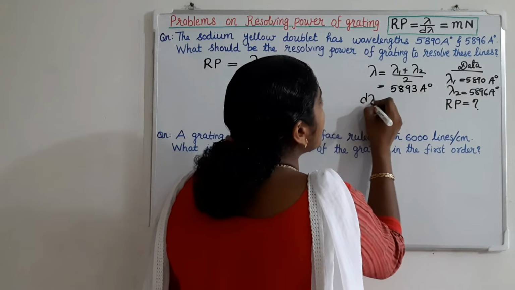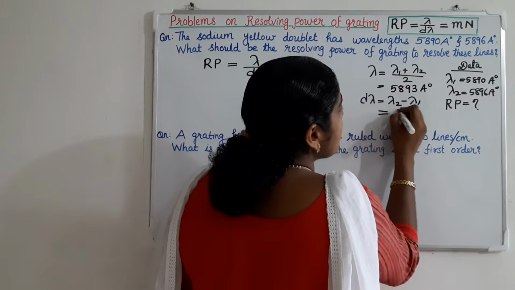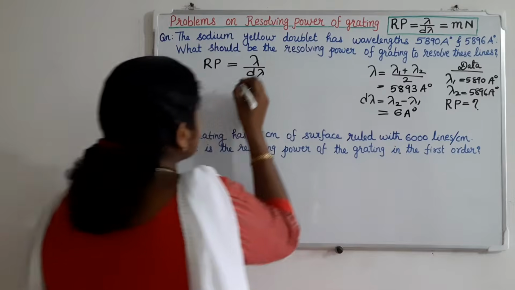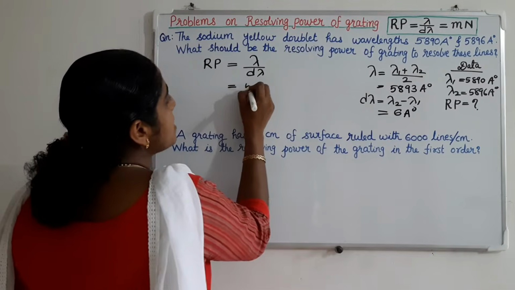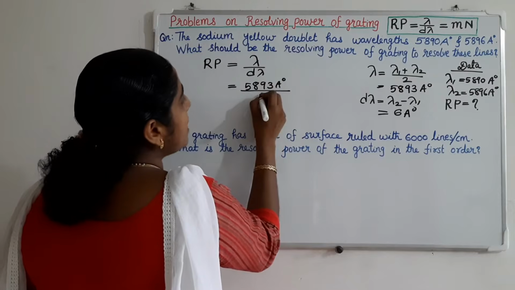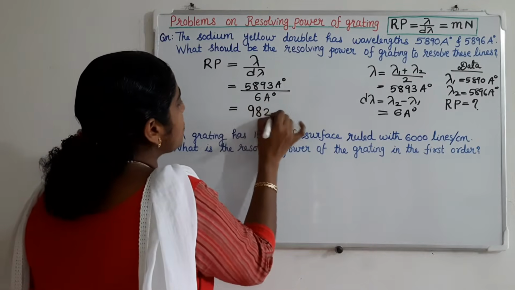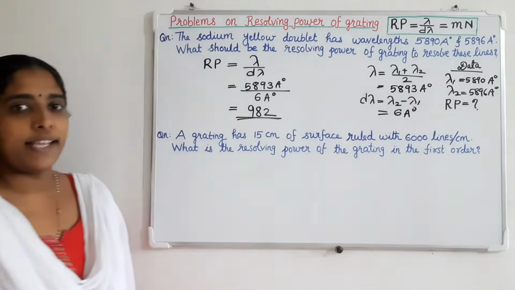And d lambda is the difference between these two wavelengths, that is 6 Angstrom. Substituting, lambda is 5893 Angstrom divided by d lambda 6 Angstrom, that is equal to 982. So resolving power is 982.